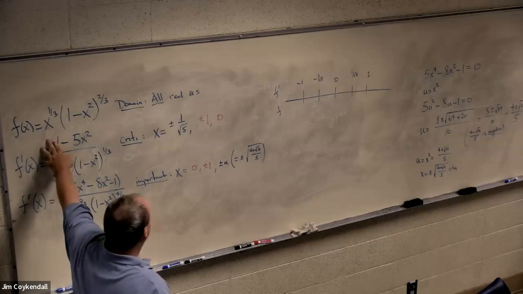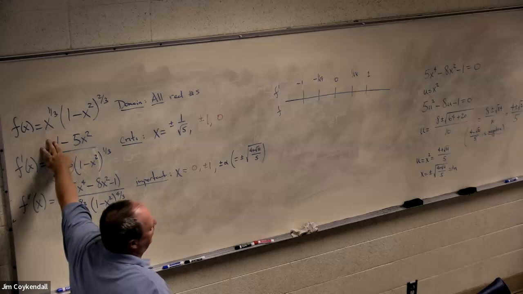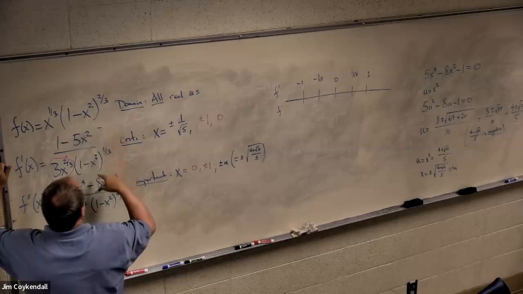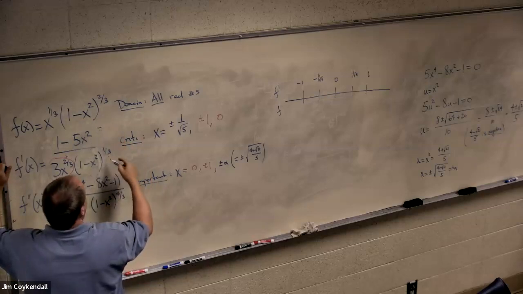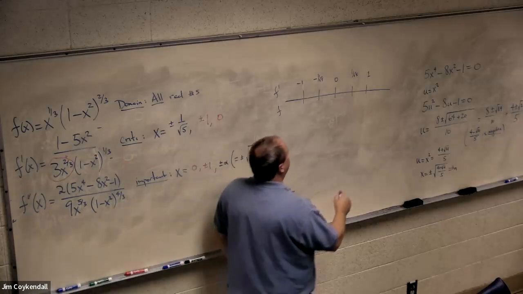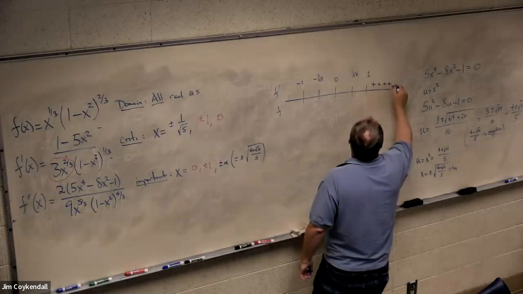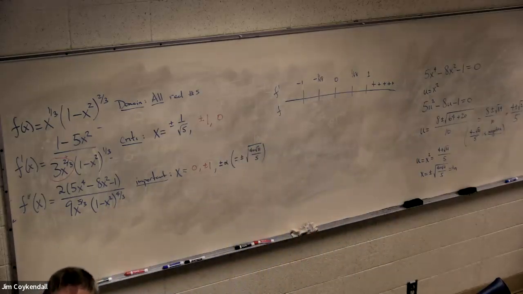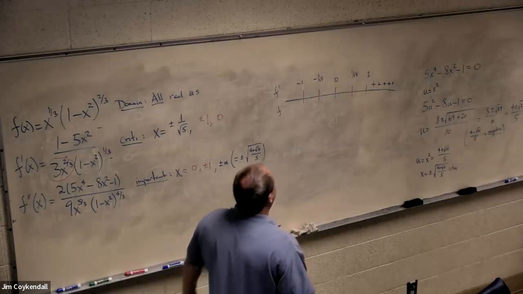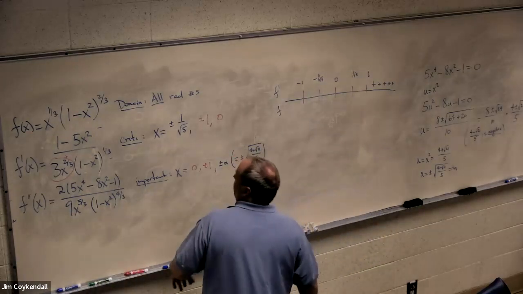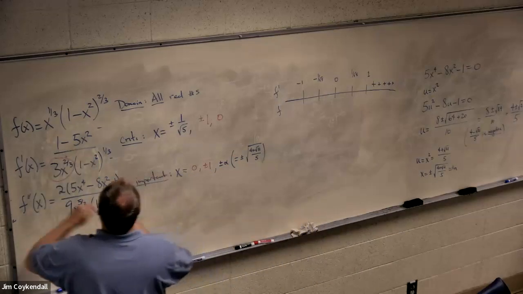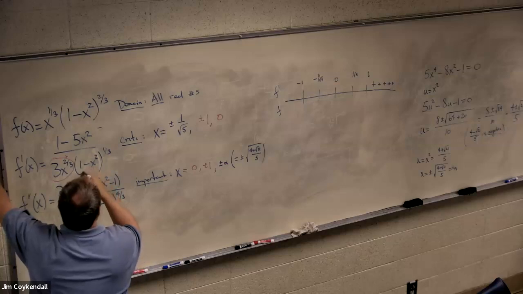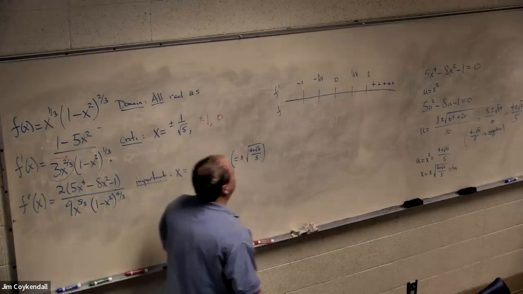What happens when I go to the right of 1, something like 2? It's going to be a negative top, and a cube root of a negative bottom. This should be positive. What about something very close to 1, but a little bit less than it, like 0.9? That's again going to be negative, and this is going to be positive. So it changes sign.